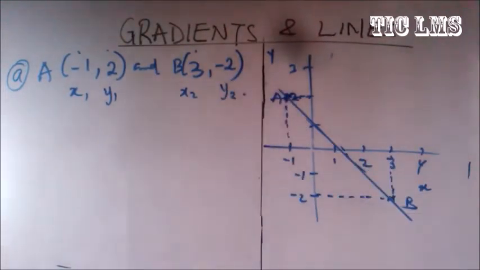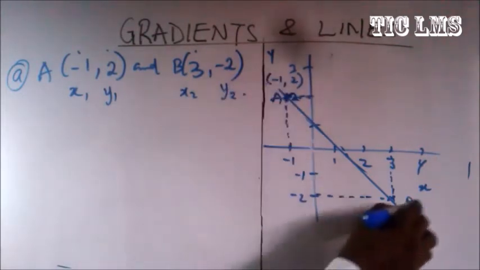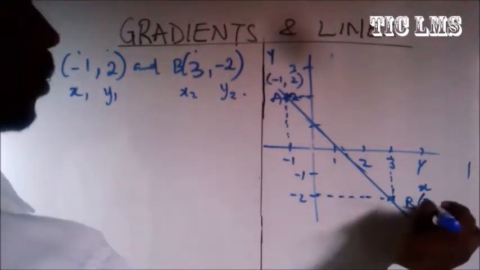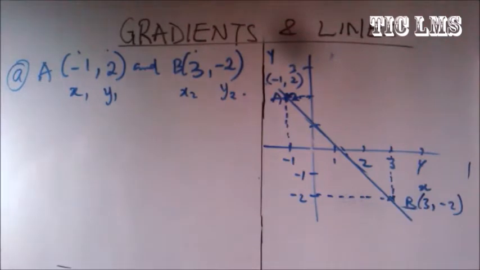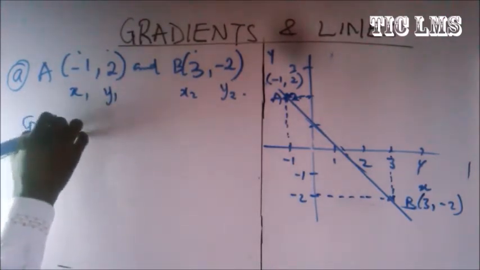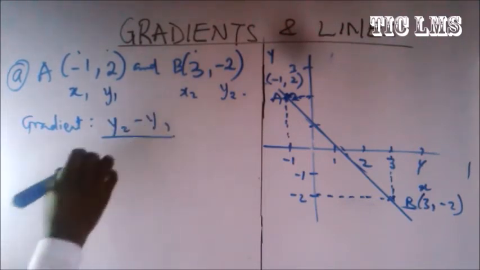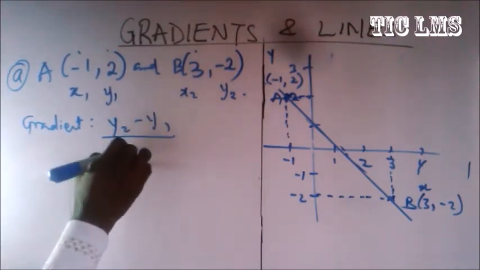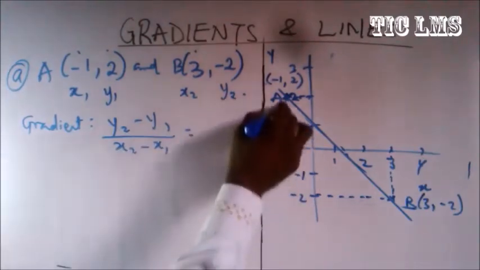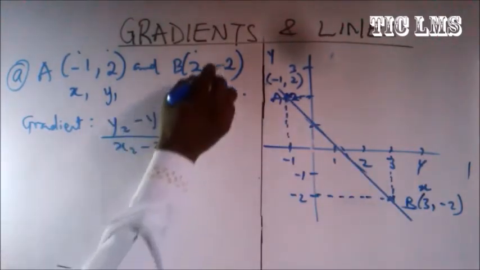So here is our point A. Now I want us to derive a formula here. This is A and then B, we have (3, -2). So we want to derive a formula which is a decrease in y first. So the gradient here is going to be y2 minus y1 over x2 minus x1. Alright, move from here down here. So our y2 happens to be -2.